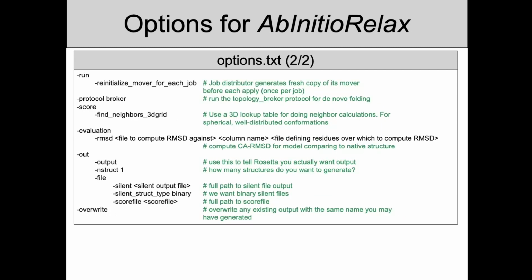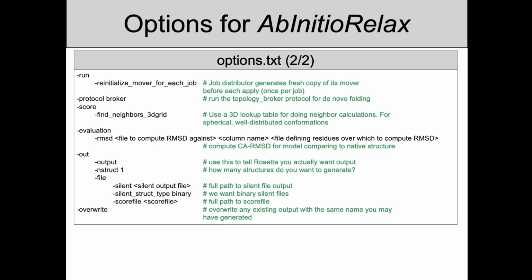Here are some more flags that are included in the options file. Probably the most important flag listed here is this out nstruct flag over here. This tells Rosetta how many models to generate from this application. Because of the size of the search space for predicting a protein structure from scratch, you want to go with a large number, maybe at least 1,000, perhaps 10,000 models.